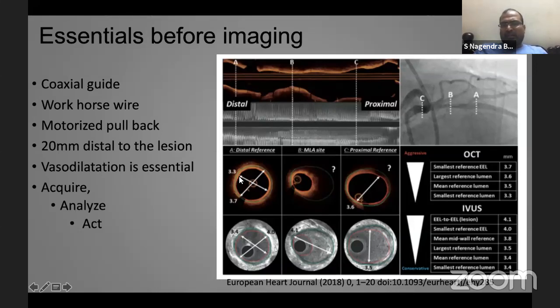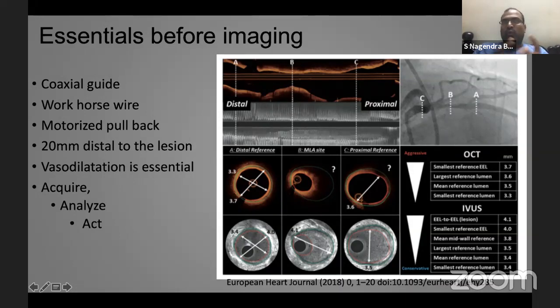So you can take the stent based on this dimension. This is lumen based, minimum or maximum or the average of these two, that is the mean dimension. If you don't have a good reference segment, then you go with the minimal lumen area. In OCT you cannot use this criteria, but in IVUS you can. This is called the mid wall to mid wall criteria.